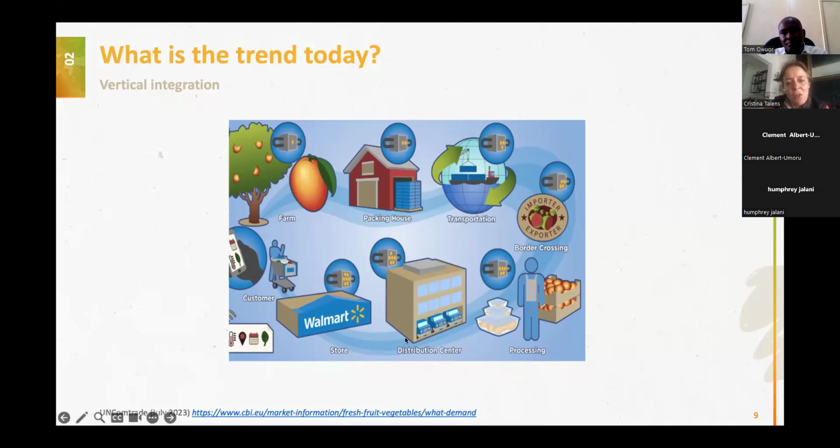If they control the supply chain, they can find all of the efficiencies from the moment your product leaves the farm to the moment it gets stocked in the retail stores. They are getting involved in manufacturing, processing, distribution, logistics, border crossing. They are doing it all.